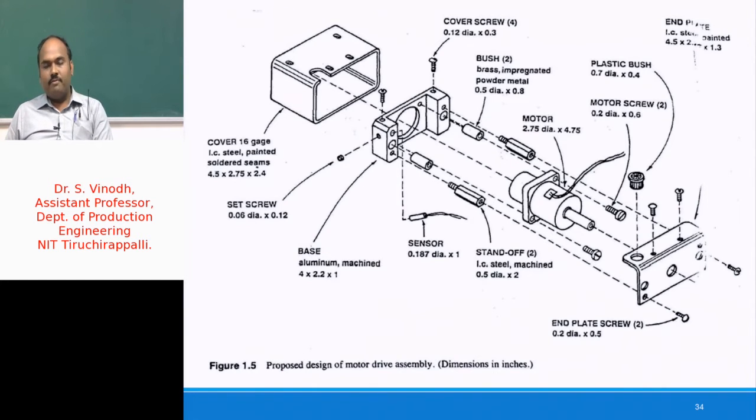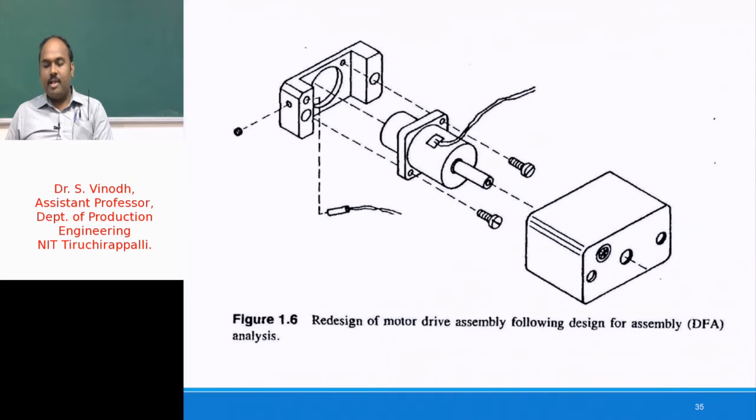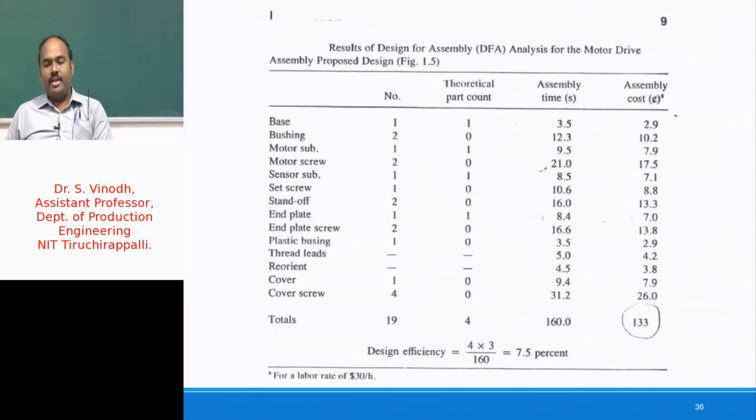There are more number of parts. The same has been remedied. This is a redesigned version of a motor drive assembly following the DFA principles, where we could see the reduction in the number of parts and the minimization of the design complexity without compromising the function of the product. It has been done very systematically and is one of the classical examples of the DFA.